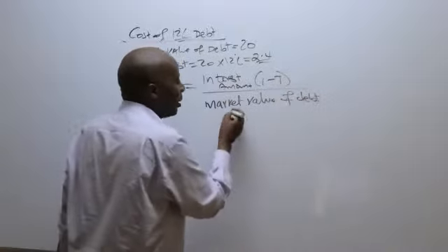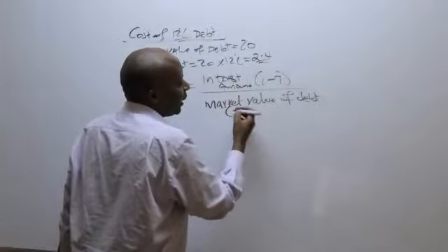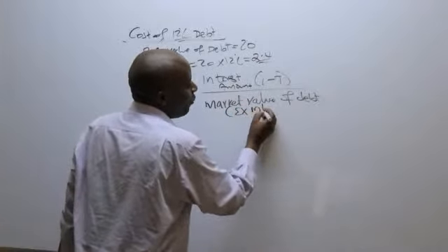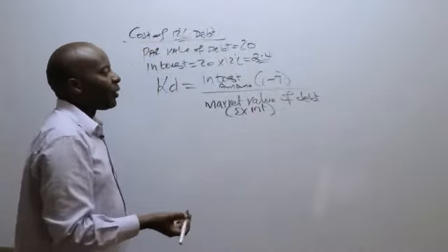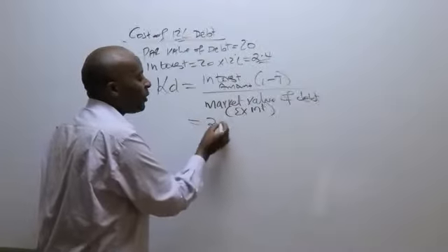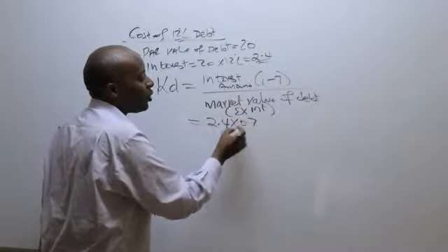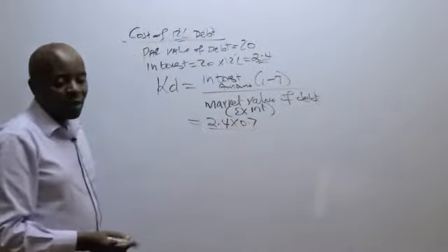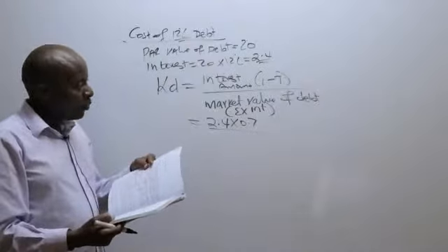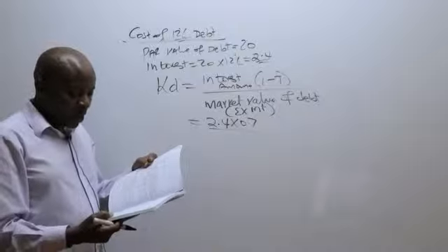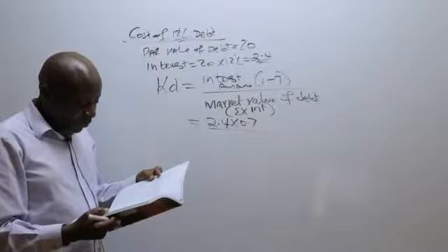Again, remember that this market value must be like the ex-div; in this case, we talk of ex-interest. So the interest amount that you have given me is 2.4 times 0.7, all over the market value of debt.